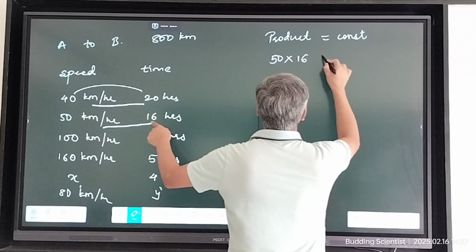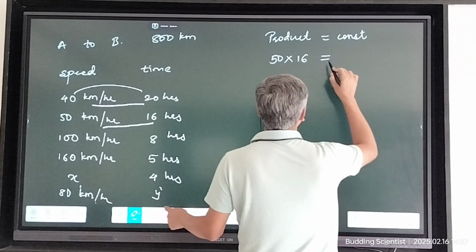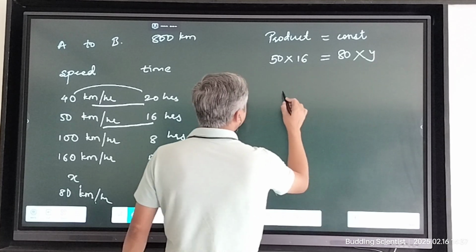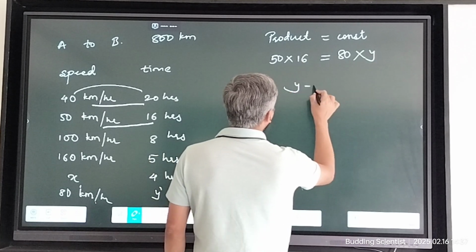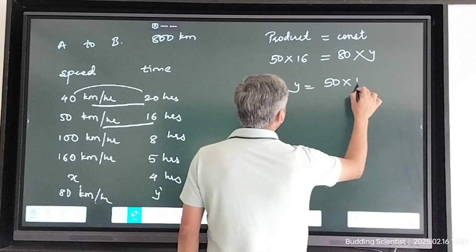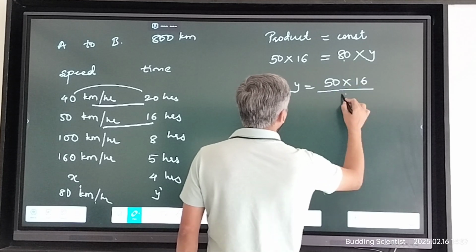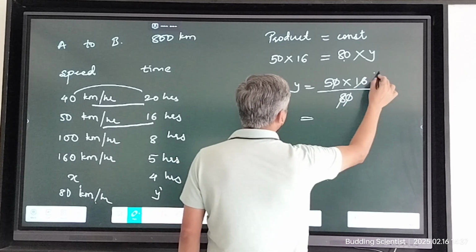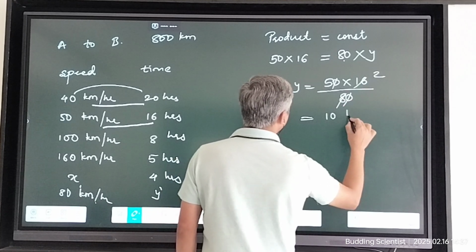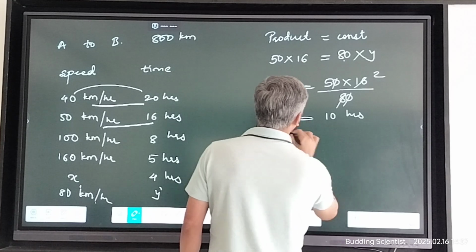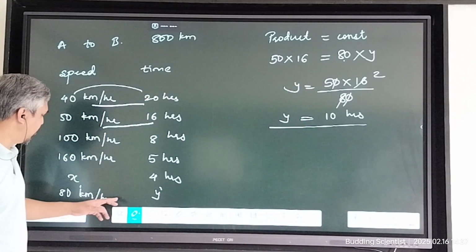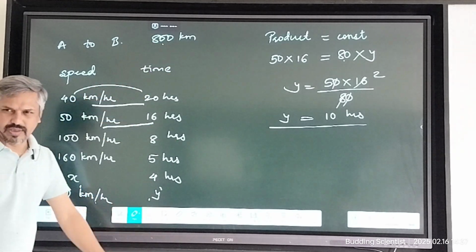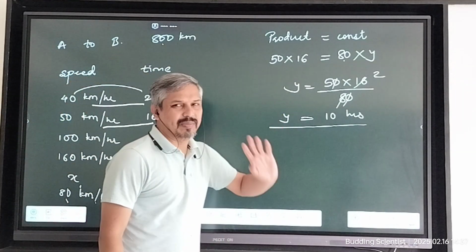This product is equal to the last, 80 into y. So y is equal to 50 into 16 upon 80. 0, 0 gets cancelled, 8 ones are 8, 8 twos are 16, so this is equal to 10 hours. And not surprising at all, because if you travel at 80 km per hour to cover 800 km, you need 10 hours. This is what this chapter is about.